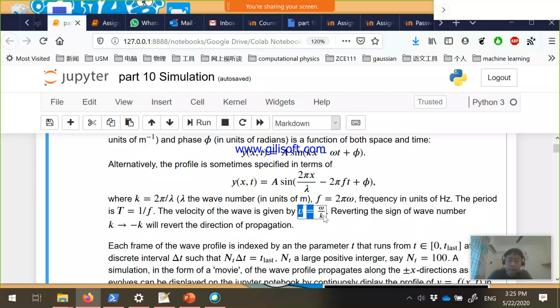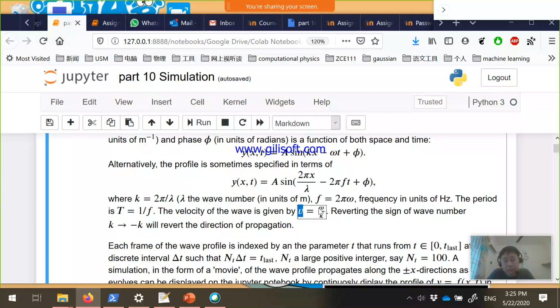This formula only works for a one-dimensional sinusoidal wave. In a more complicated situation, where your wave is not sinusoidal but, say, a group wave, then v will become d omega dk. Anyway, this is a simple case. These are all the important simple characterizations of a wave.